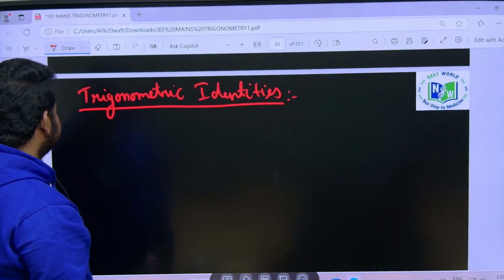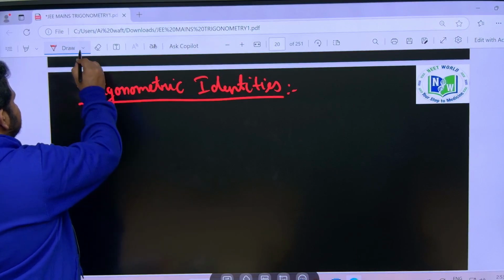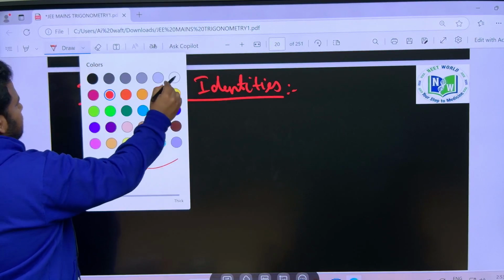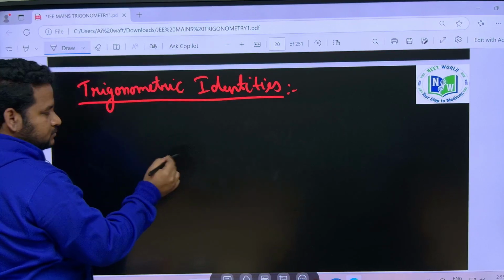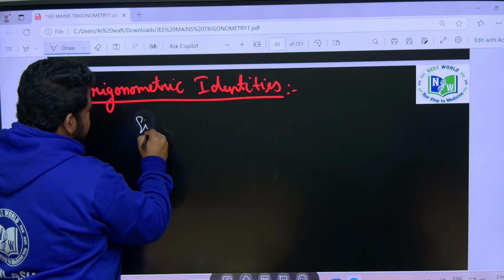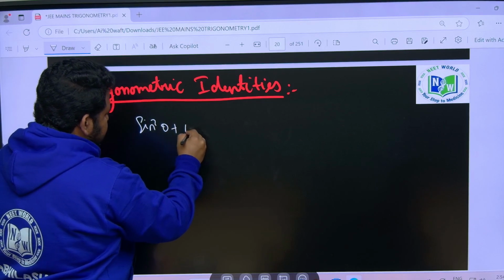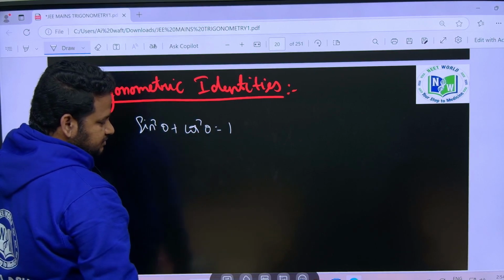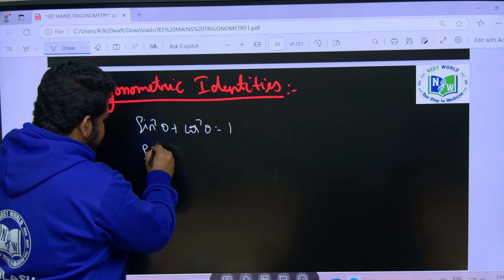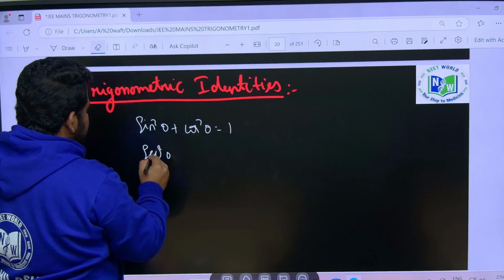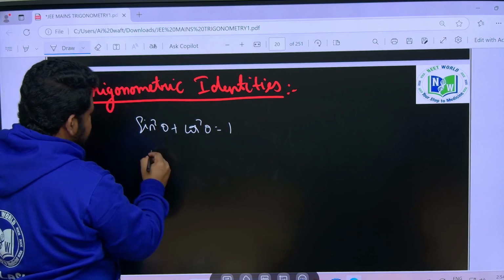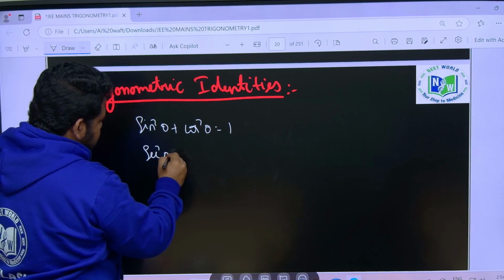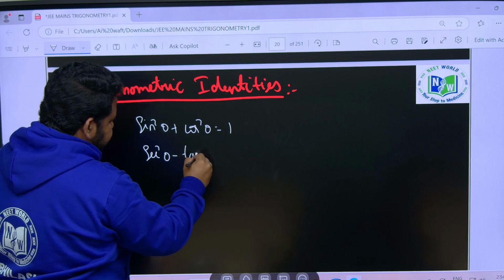Trigonometric identities. When I talk about trigonometric identities, 3 identities should come to your mind always. That is sin square theta plus cos square theta is equal to 1. 1 plus tan square theta is equal to secant square theta, or secant square theta minus tan square theta is equal to 1.